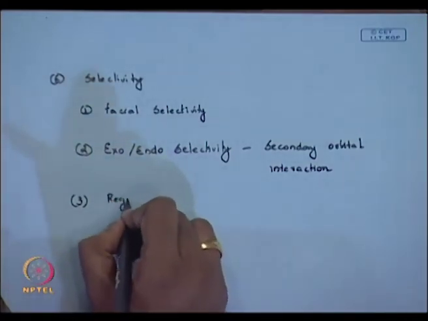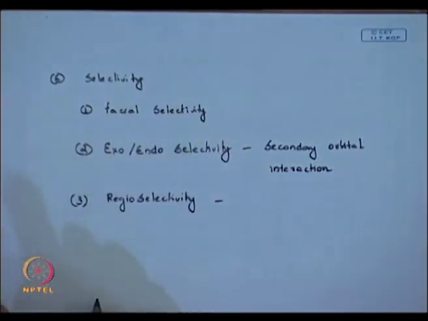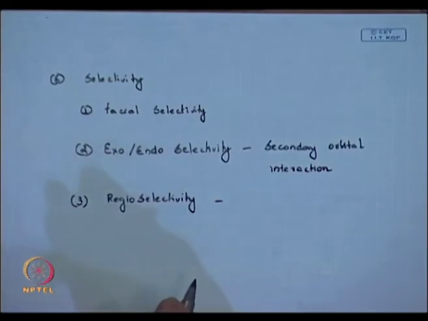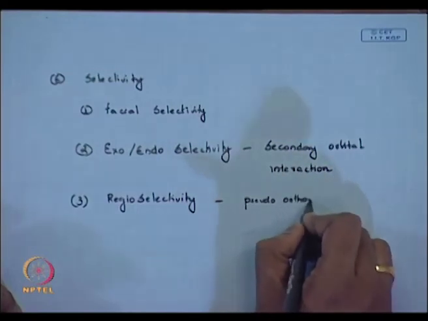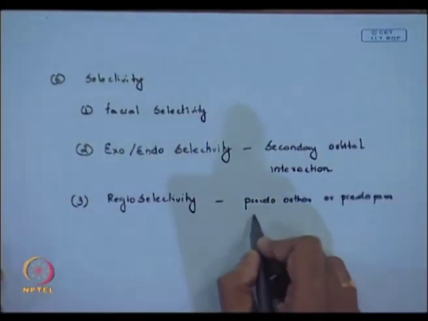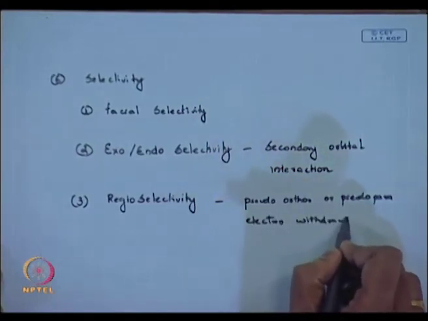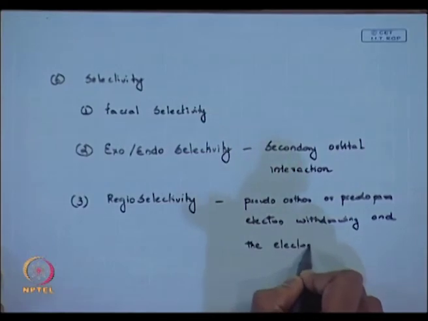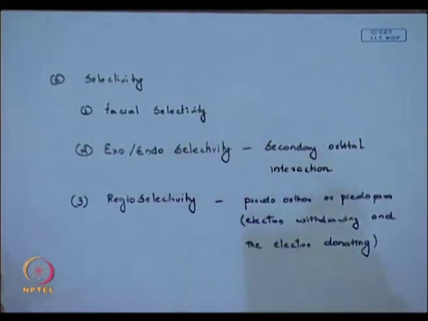Then we went to regioselectivity, and we talked that the electron withdrawing and the electron donating substituents in the product should be either pseudo ortho or pseudo para in position. Okay.